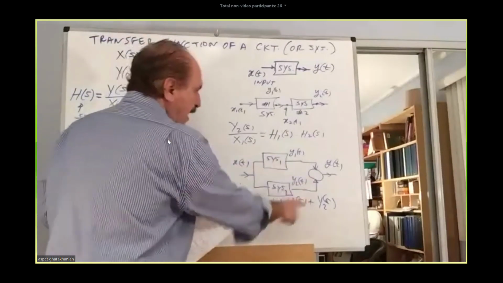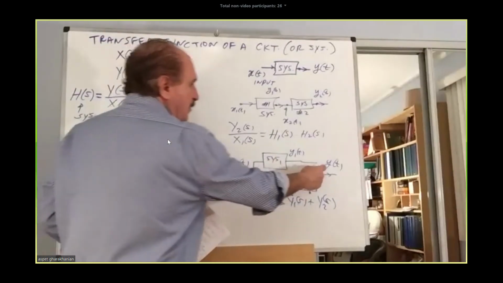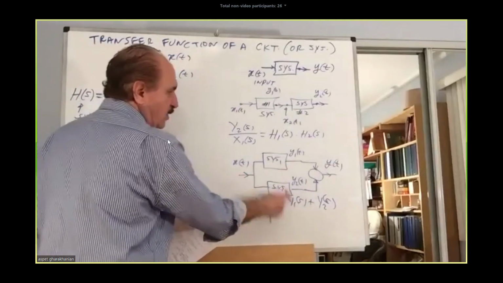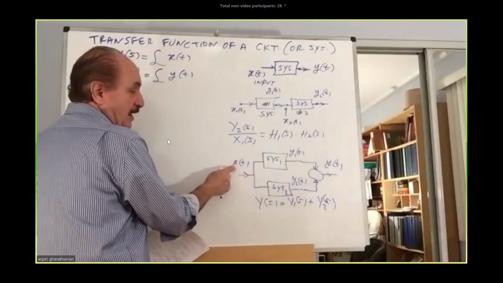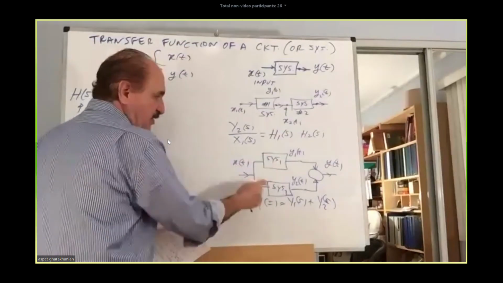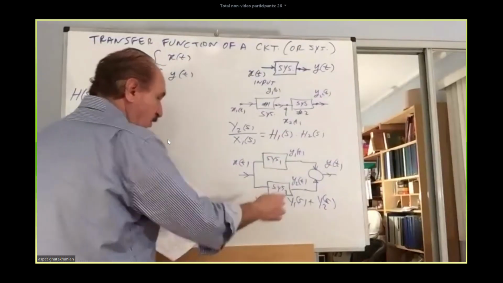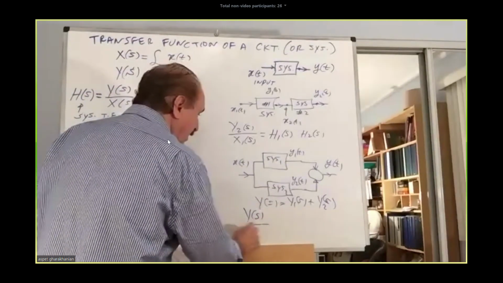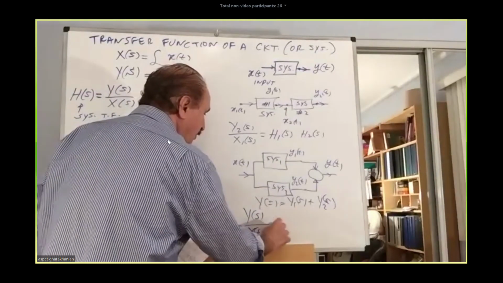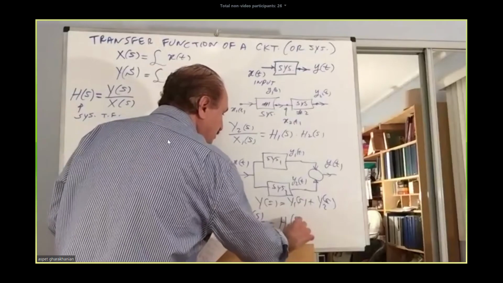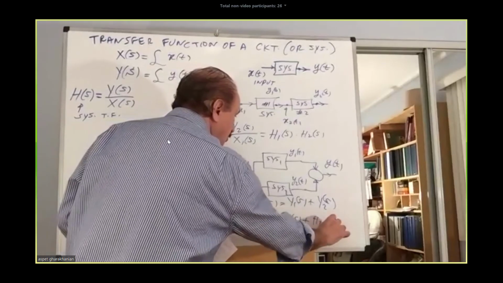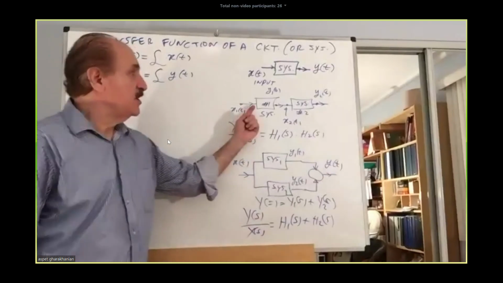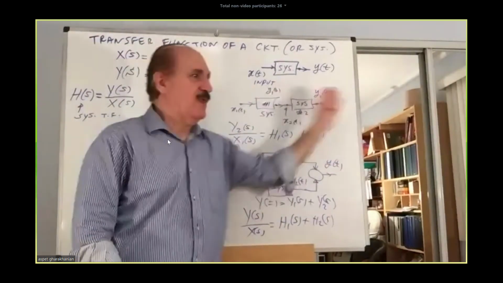Now, based on that, you can show that the Laplace of output to the Laplace of input, because each one of them will be Laplace of x multiplied by the transfer function of the individual one, the overall transfer function, y of s over x of s, will be the sum, h1 of s plus h2 of s. That's it.